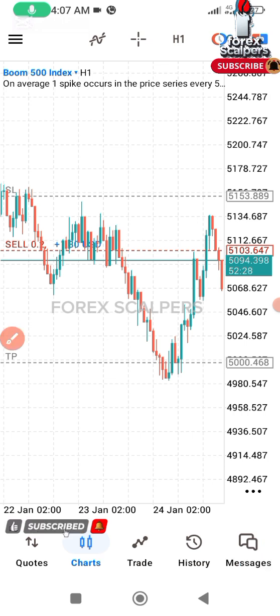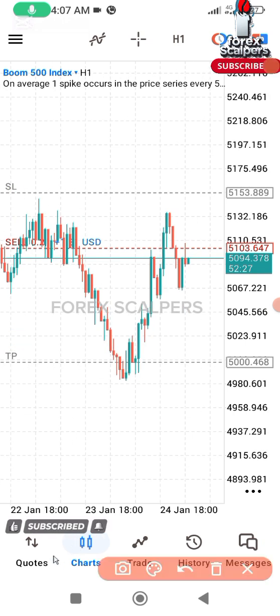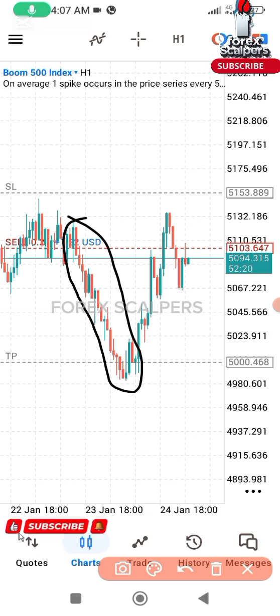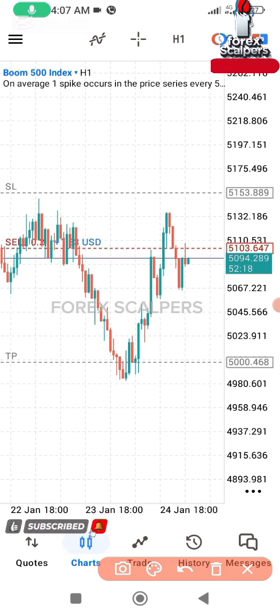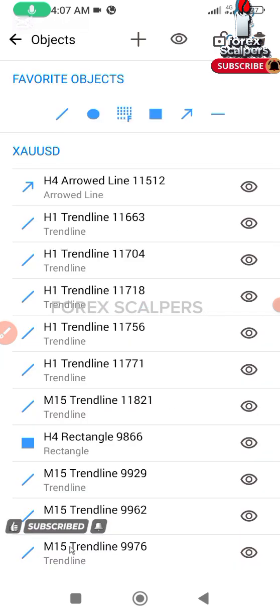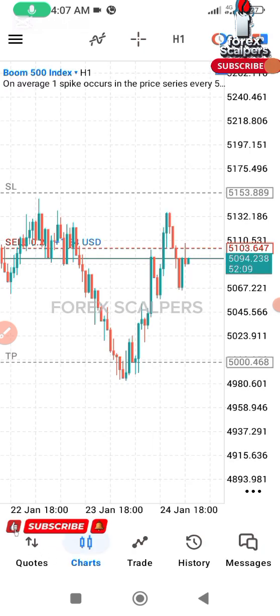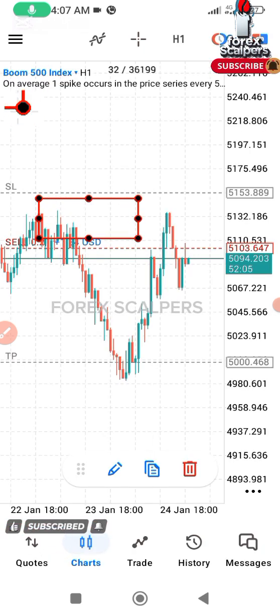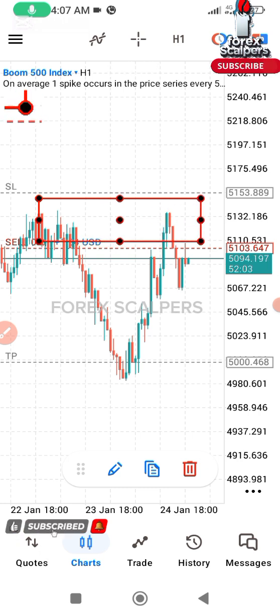So if we look at this zone, all of this movement, we need to identify our point of interest. And the only point of interest we are having here is our order block. So this is our order block.